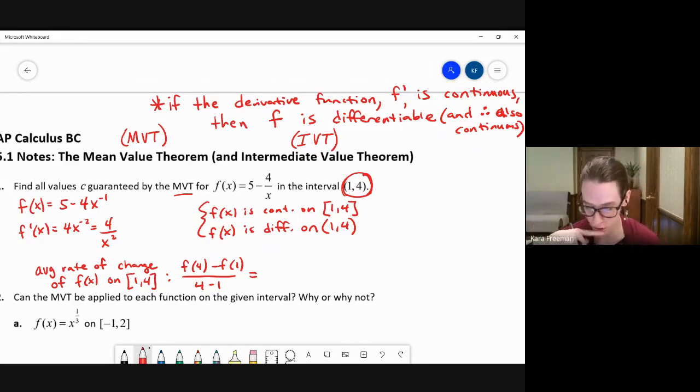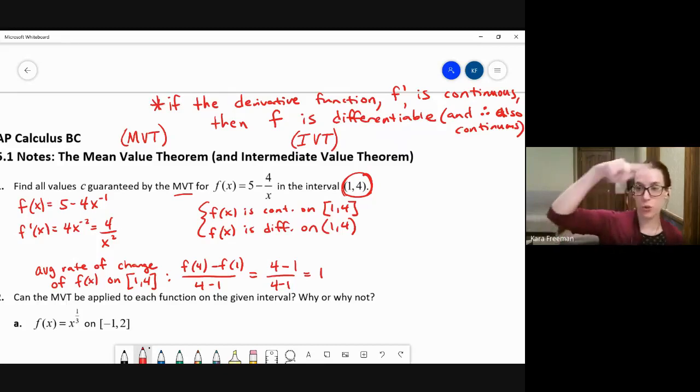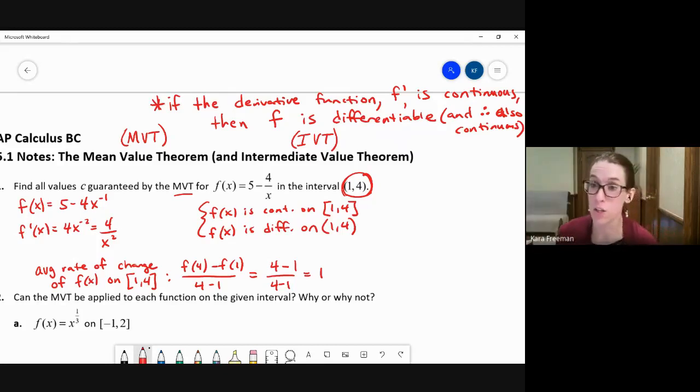Okay, so can someone tell me what f of 4 is? 4. What's f of 1? 1. So we have 4 minus 1 over 4 minus 1, which is, of course, 1. So the slope of the secant line is 1. I now want to find when my derivative is equal to 1.